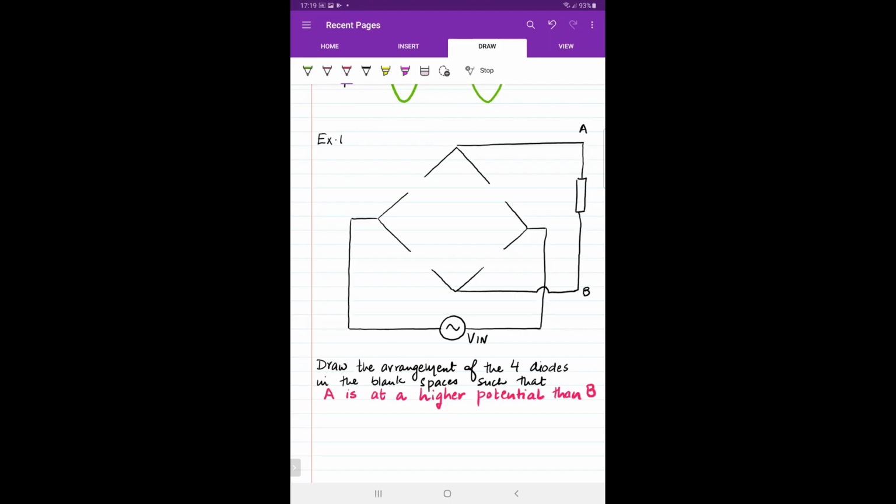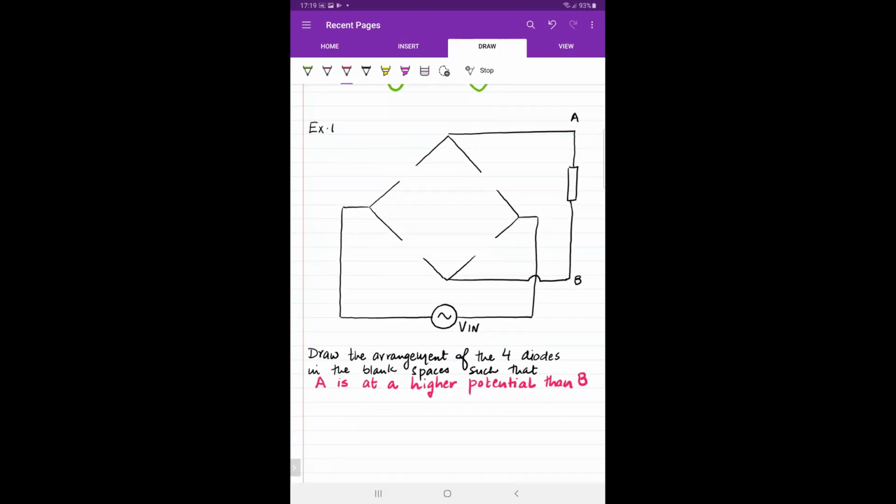The question will be कि आपको diodes की alignment show करनी है, arrangement show करनी है in the blank spaces such that A is at a higher potential than B.